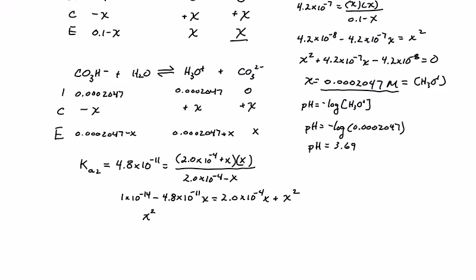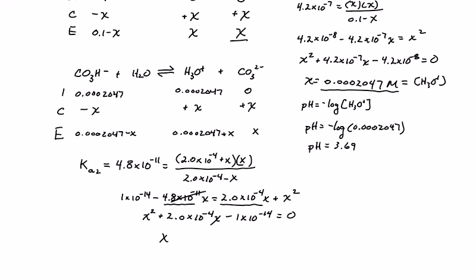And then for the second term, we can see here that the 4.8 times 10 to the negative 11th is way smaller than the 2 times 10 to the negative 4th. So we're not even going to worry about doing the math on that. We're still going to come out with 2.0 times 10 to the negative 4x. And then subtract from that 1 times 10 to the negative 14th, and then, as we did before, set this equal to 0 and plug it into our quadratic formula calculator.